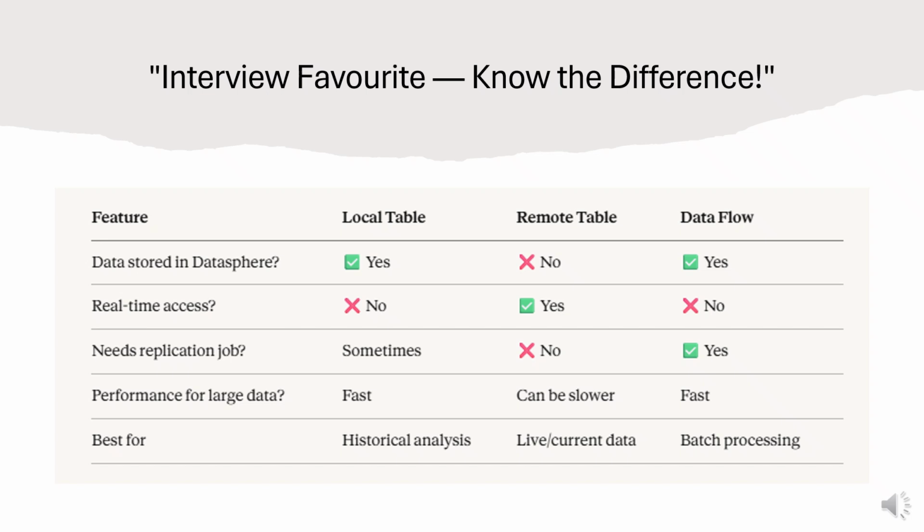Here, if you can see, I have put a comparison. And this is absolute gold for interviews, so please pay close attention. A local table is like your own fridge at home. Food is stored there, always instantly available, but someone has to go out and buy and stock it regularly, right? But a remote table is like Swiggy. You don't store the food, but you can order it fresh anytime, directly from the restaurant. And the data flow is like a meal prep service.